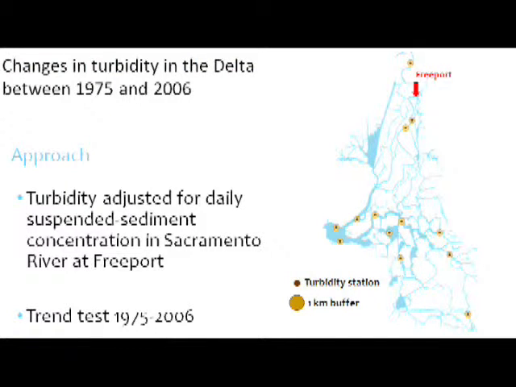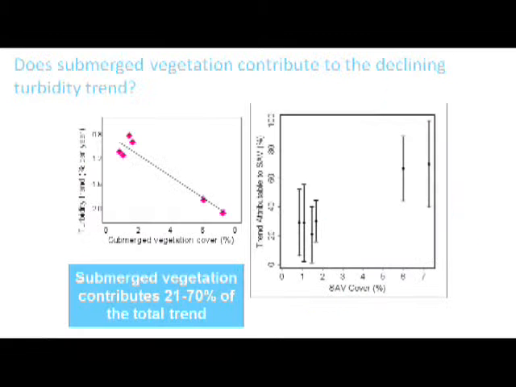So when you adjust for the sediment input, you can look at changes in the turbidity. We had data between 1975 and 2006 for these turbidity stations, in collaboration with Dave Schulhammer's program. If you just look at turbidity levels and percent cover, there's a high correlation with higher plant cover at low turbidity.